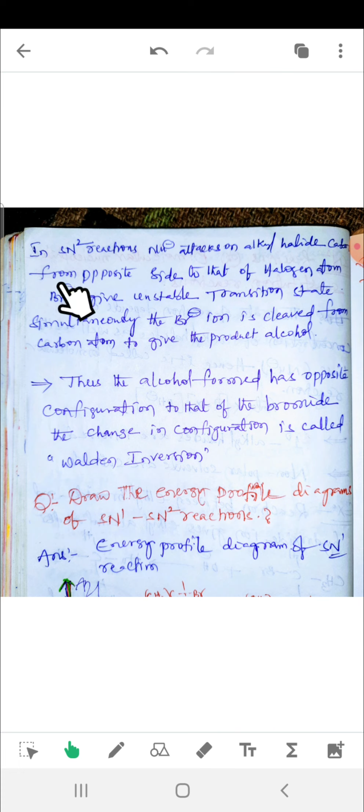Next, in SN2 reaction, the nucleophile attacks the alkyl halide from the opposite side to that of the halogen atom bromide, giving an unstable transition state.